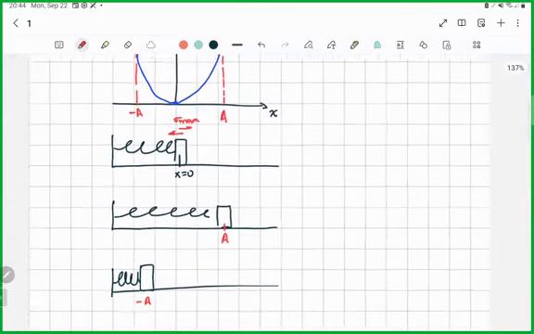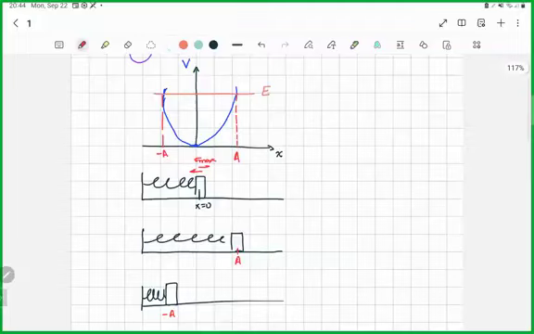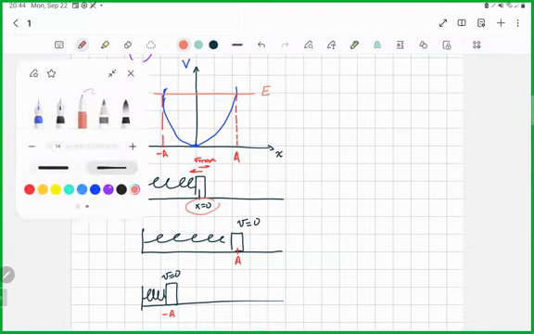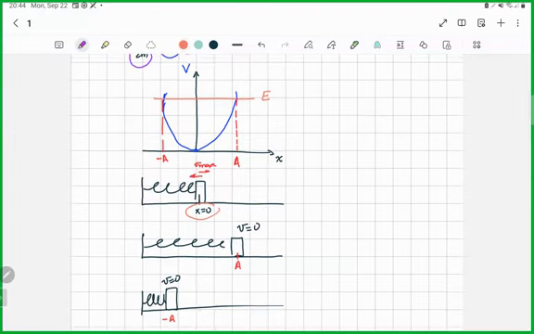So the velocity here is 0, the velocity here is 0, and right at x 0, we get the maximum velocity, right? So if now I make this plot for the kinetic energy, I know very well, maximum is here, 0 at the extremes. So the plot for the kinetic energy is this one. That's what we know from classical mechanics.